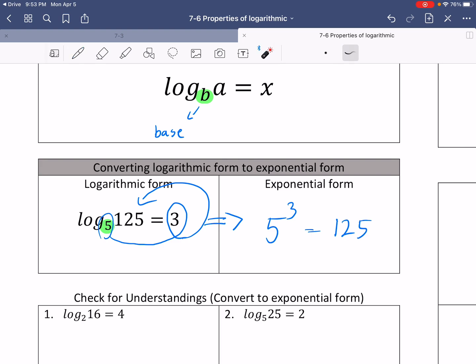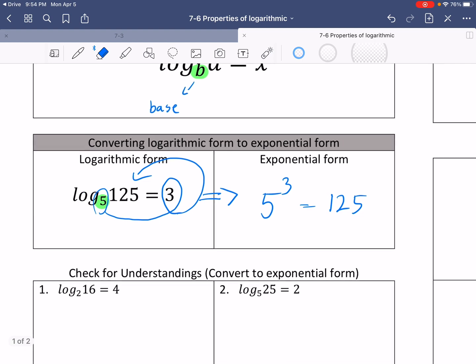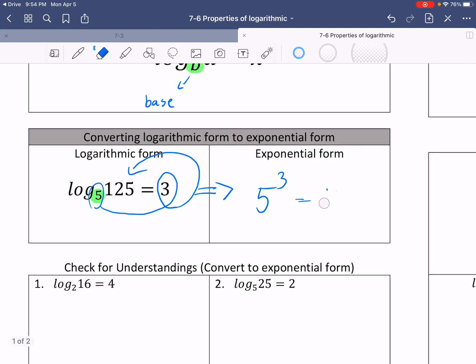Which makes sense because 5 to the third power is equal to 125. Isn't it? So that's the traditional method. The base becomes the base, the answer becomes the exponent, and the number, usually inside the parentheses, becomes the answer.